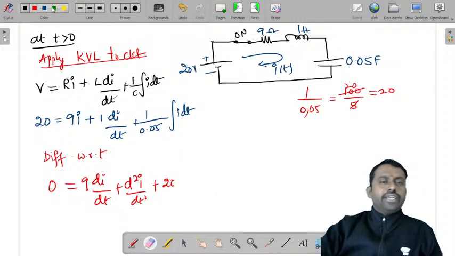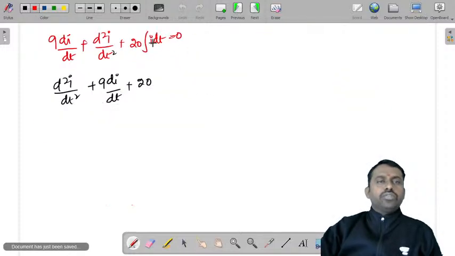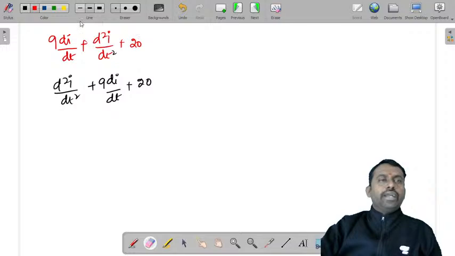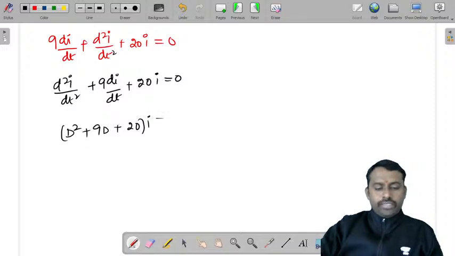Integration and differentiation will get cancelled. So when you differentiate this, you will get 20 into I. So here also you will get 20 I is equal to 0. Can I write this as D square plus 9D plus 20, whole into I, is equal to 0?